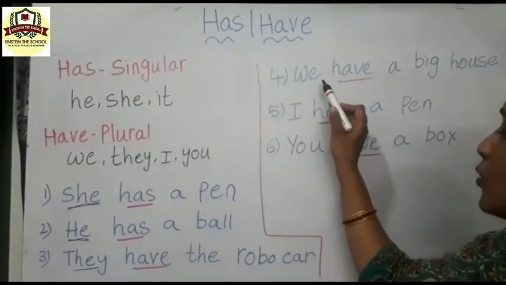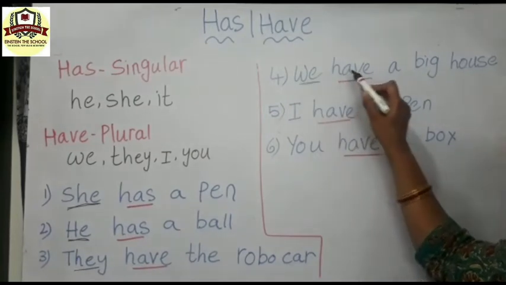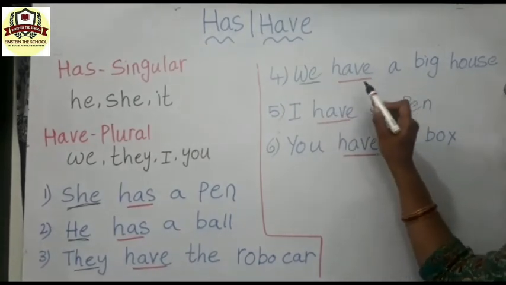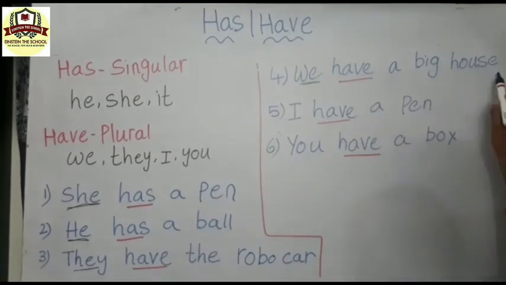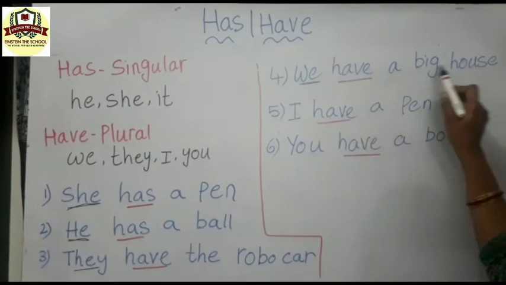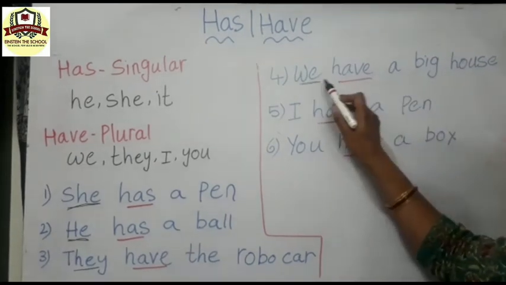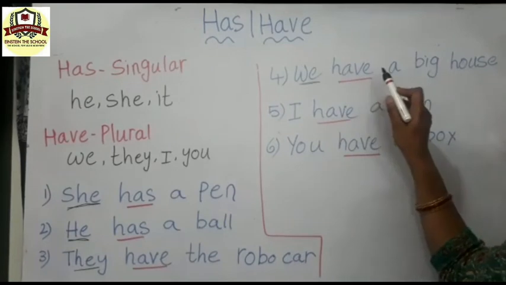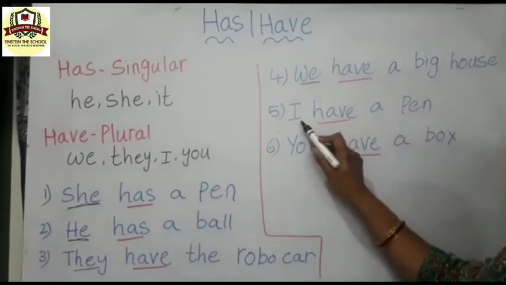Here we means it's a plural. So what will come here? Has or have? Have. We have a big house. We is a plural form, so we are using here what? Have. Understood? Not has.